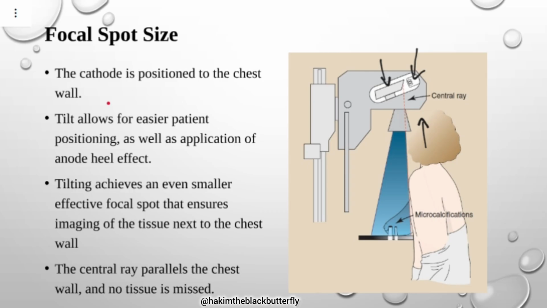This is because of what we call the Heel effect. Now, the Heel effect is like this. If we have an anode like this, and we have a target in there, and we have a beam of electrons coming to this target, let's assume that the X-rays are going to be produced at this point here.